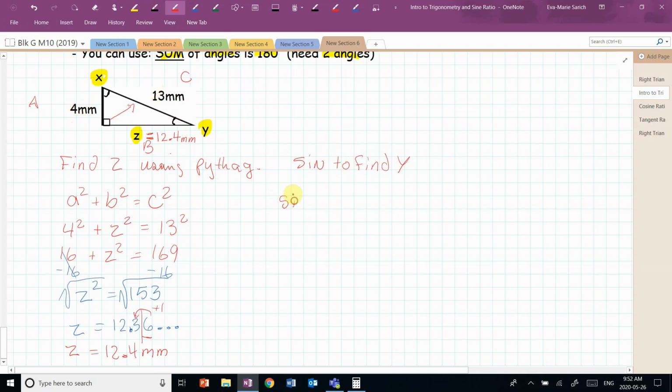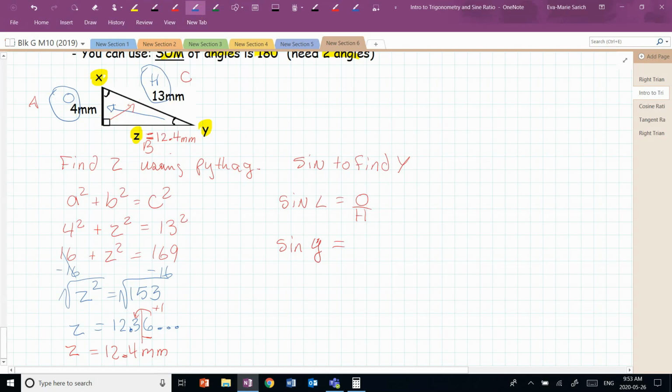So the sine of an angle is equal to the opposite over the hypotenuse. And the angle we're looking for is Y, so sine of Y is equal to opposite of Y, which is 4, and then opposite of the right angle is the hypotenuse, which is 13.